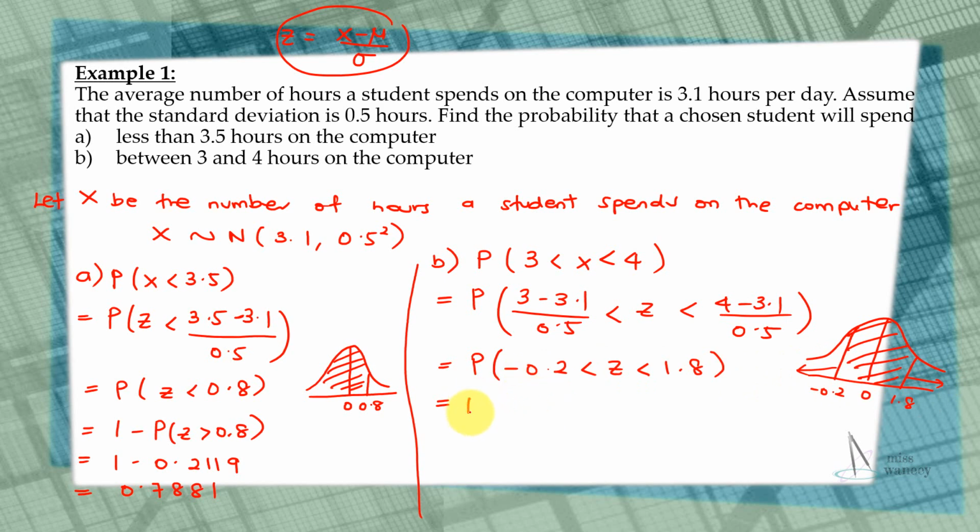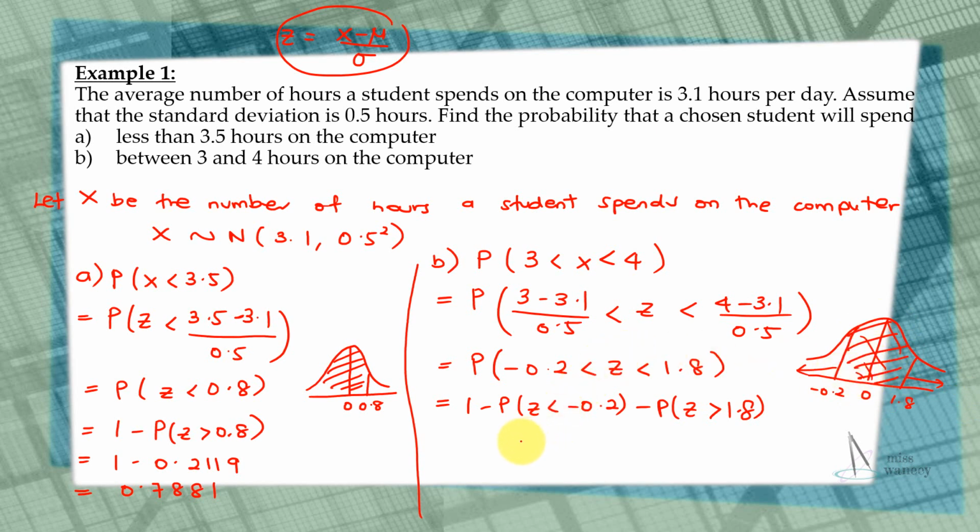So I should take 1 minus probability of Z less than negative 0.2 minus probability of Z greater than 1.8. So negative 0.2 to the left hand side, so less than negative 0.2, 1.8 to the right hand side. So once we deduct the left hand side and right hand side, we're going to get everything right in the middle.